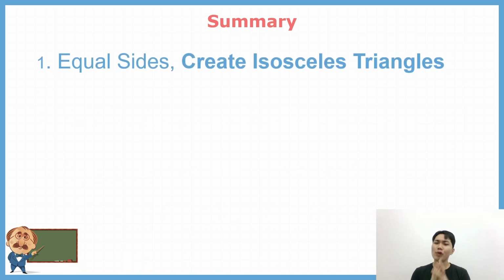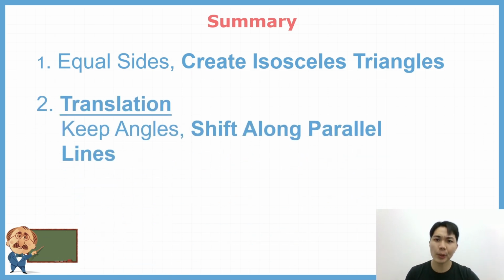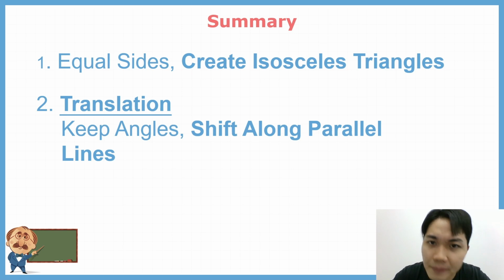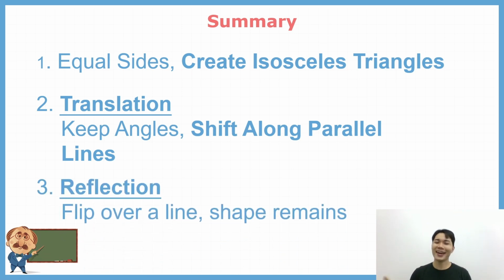And to create these triangles, if I want to shift a line and maintain its angle, how should I shift it? I need to shift it along parallel lines, known as translation. And last but not least, when I have two shapes and I'm just flipping it over, what happens? The shape remains the same. We call this reflection. And that's all we need to solve this question.